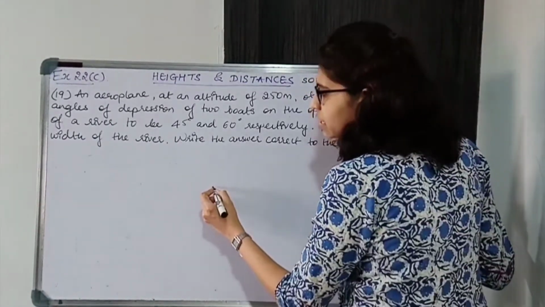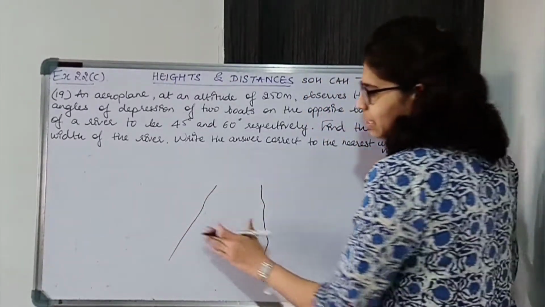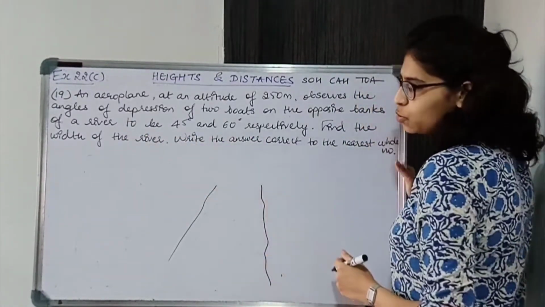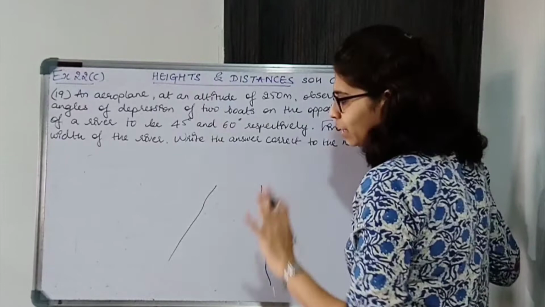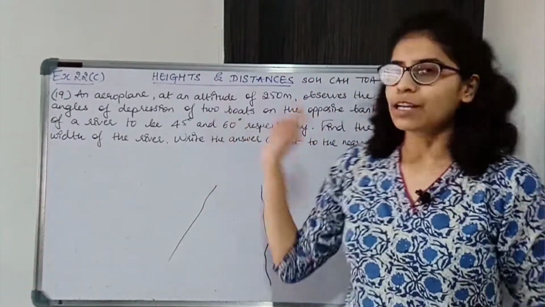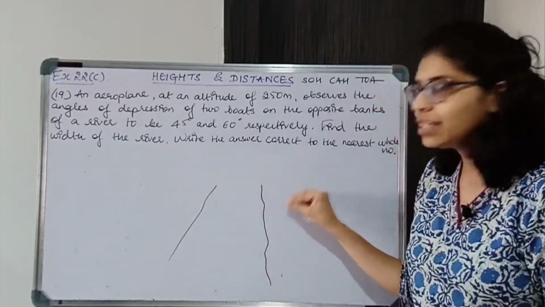There is a river flowing, whose width we have to find. There are two boats on the opposite banks of the river. So there is one boat at one bank and another boat at the other bank.